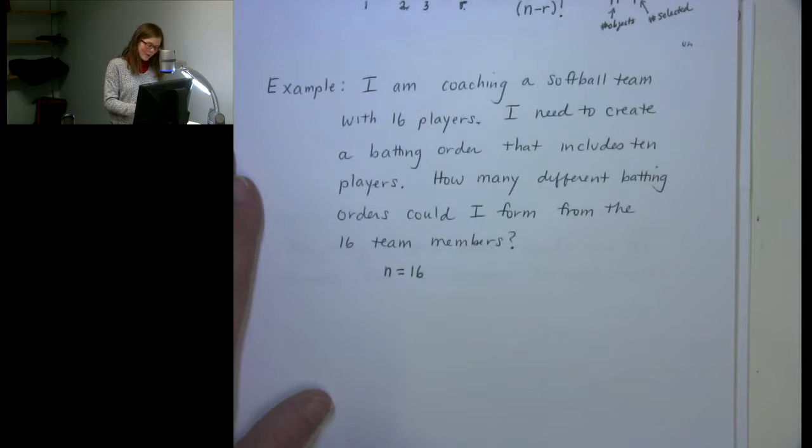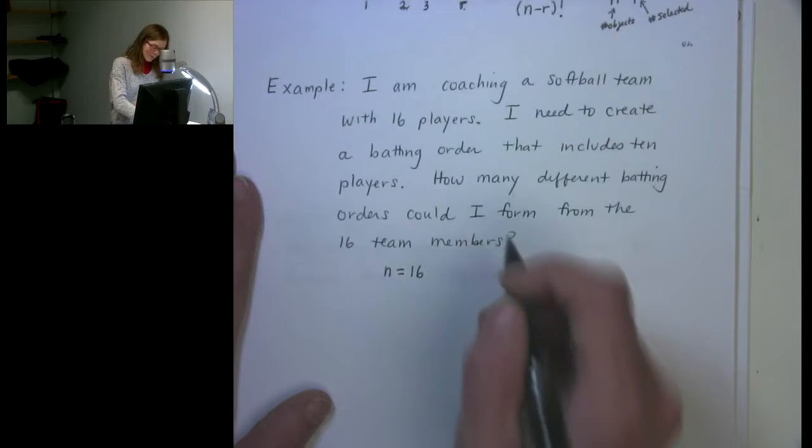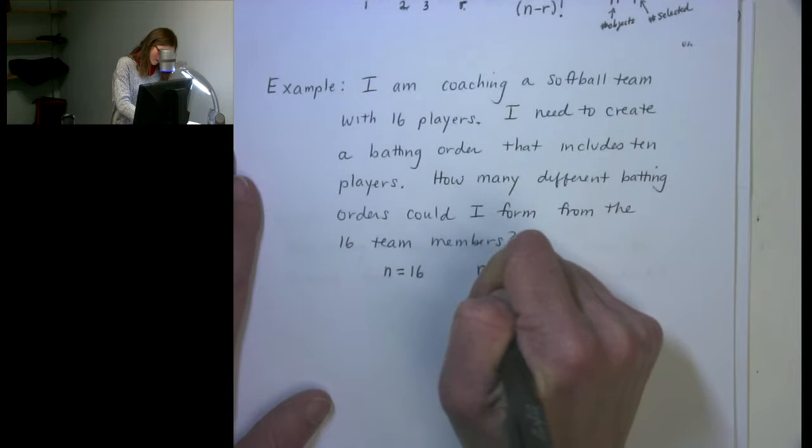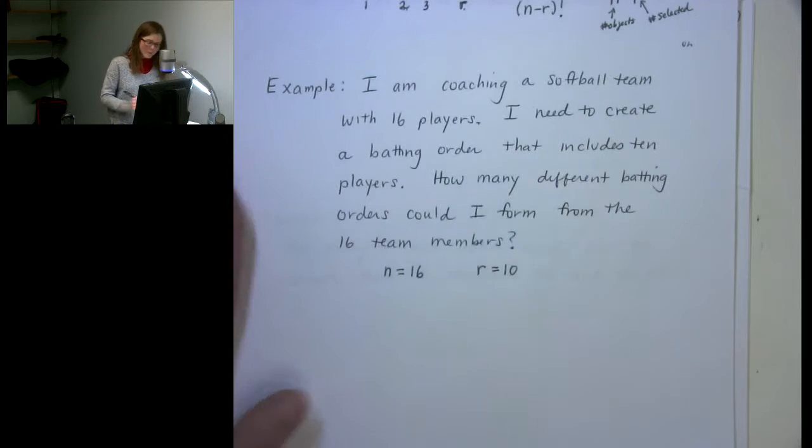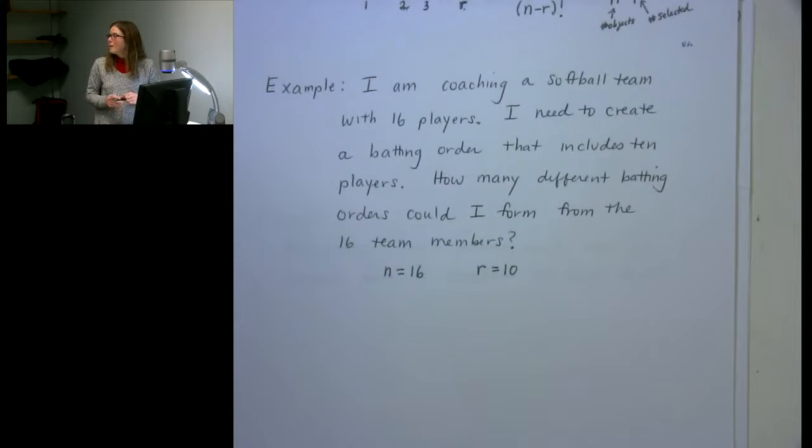My batting order is going to be an arrangement of 10 of them. R equals 10. I know that in softball batting order, the order is important. Who bats before and who bats after each person, not just who's selected to be out on the field and in the batting lineup, but which order they bat in is important. So this is why I want to count the permutations.